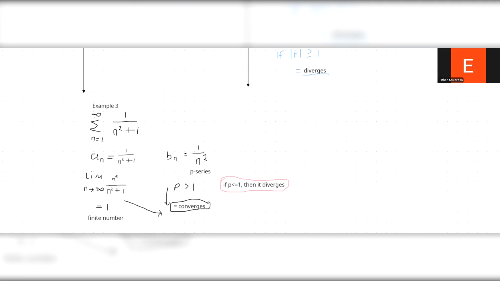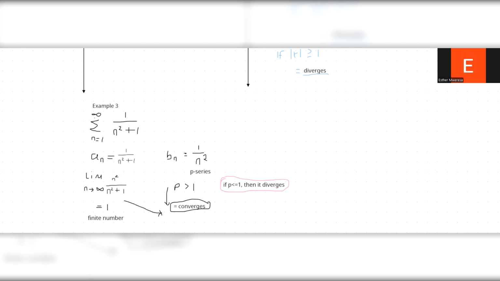So series B will be 1 over n squared, which is a p-series. And for a p-series, if the p, which is 2, is greater than 1, that means the series converges. If the p were less than or equal to 1, the series would diverge.